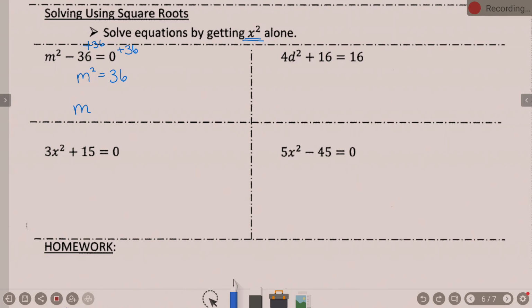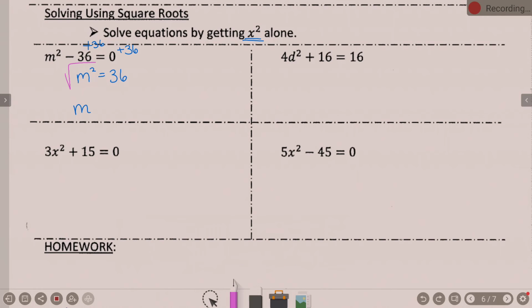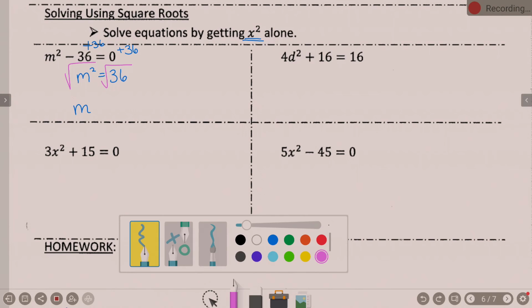So you just recently learned how to do this on your calculator. Square root. I'd say 6. You said what? 6. That's one of the answers. Okay, so we are going to take the square root. If we take the square root of the left side of an equation, you're going to take the square root of the right side.